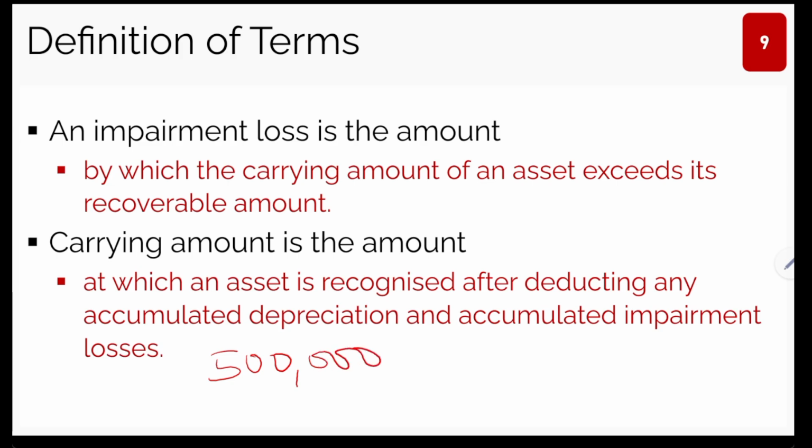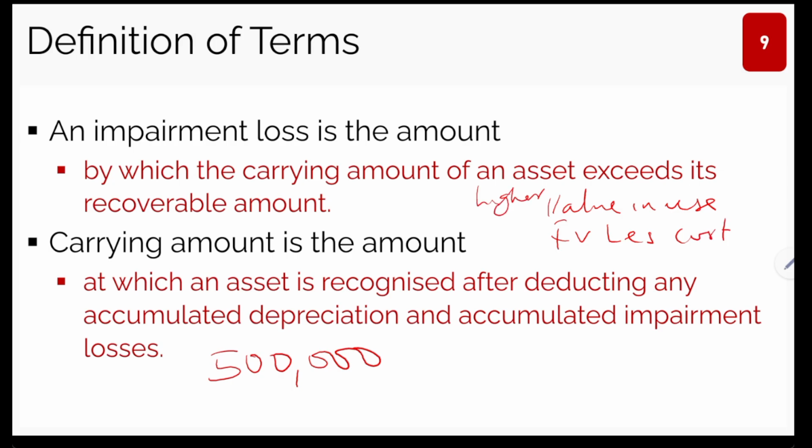But by the time you check the recoverable amount, there are two things that determine your recoverable amount. You have your value in use and you have your fair value less cost to sell. So you pick the higher one.